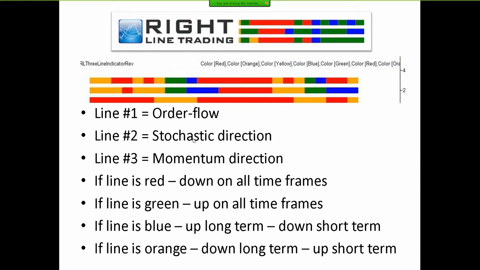Now, half the people say to do one, and half the people say to do the other. And who is right? And the answer to that, and we looked at a year of market replay data and determined this on a statistical basis, is that they're both right and both wrong. And the fact is that if the stochastic is in your favor on the trade, it adds nothing to the predictive value of the trade.